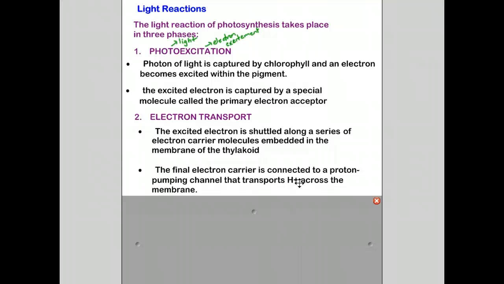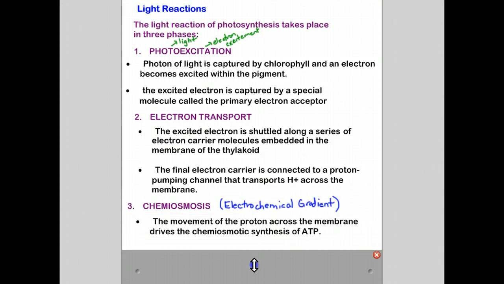We created a big concentration of hydrogen ions on one side of the membrane, and that created a concentration gradient, both an electrical one and a chemical one, which was called chemiosmosis. And what that did was it forced hydrogen ions back through a complex called ATP synthase. The exact same thing happens here in the light reactions. The exact same thing, and I'm going to show you a picture in a minute.